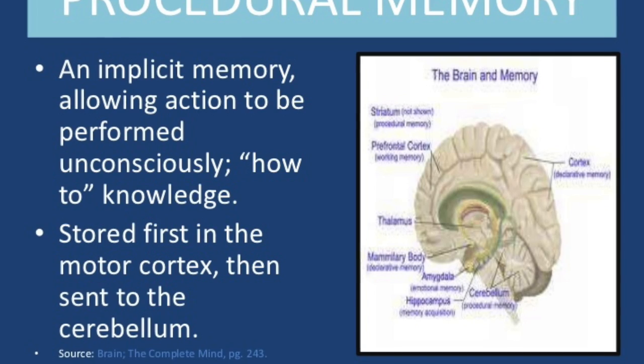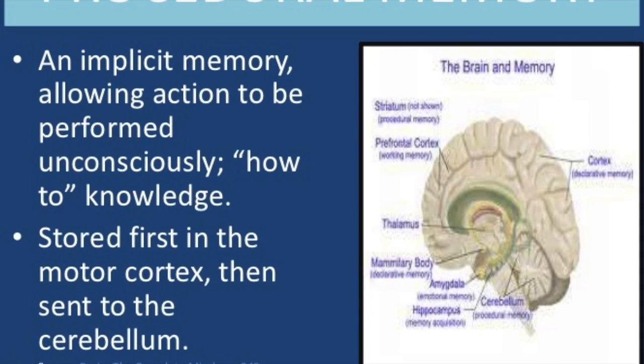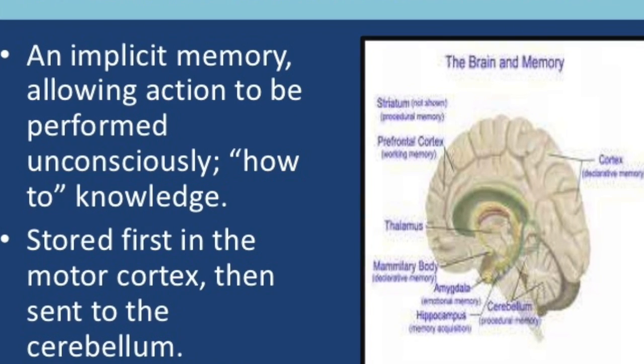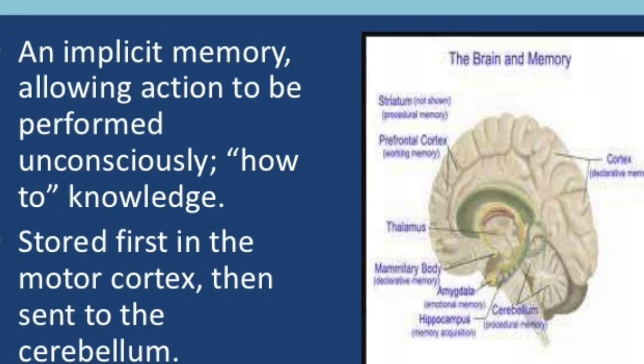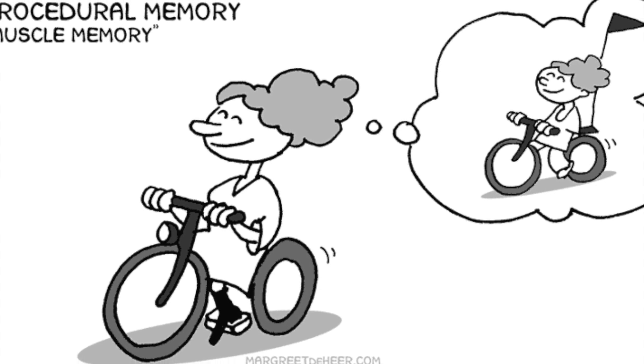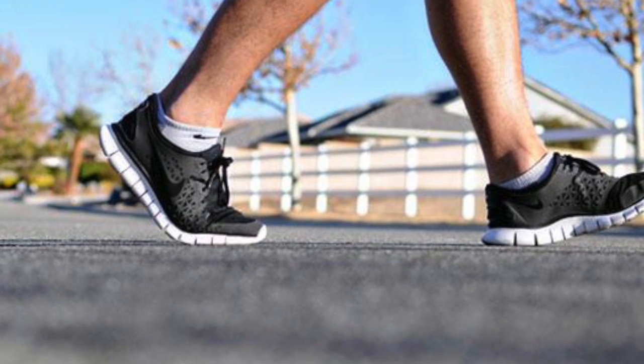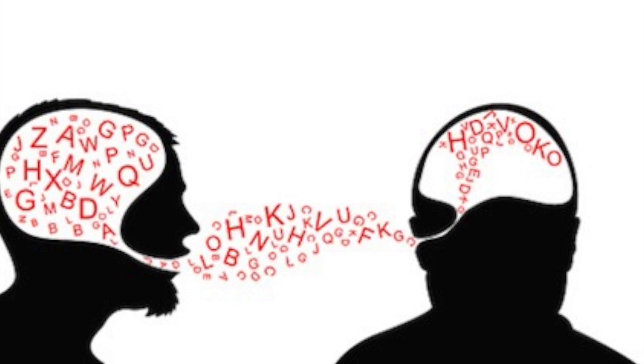Procedural memory is responsible for knowing how to do things, also known as motor skills. As the name implies, procedural memory stores information on how to perform certain procedures, such as walking, talking, and riding a bike.